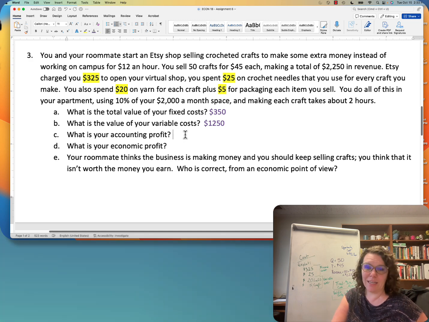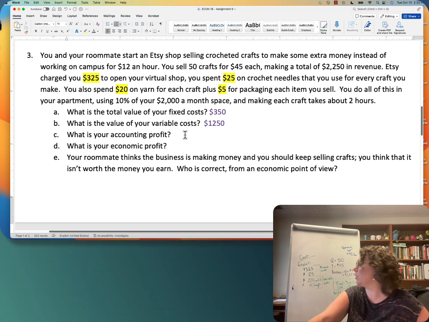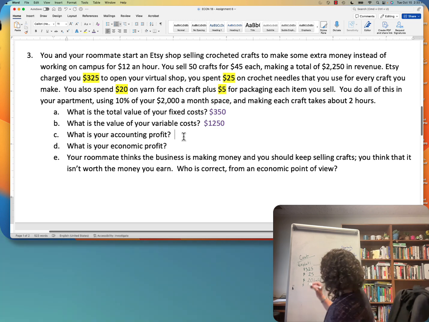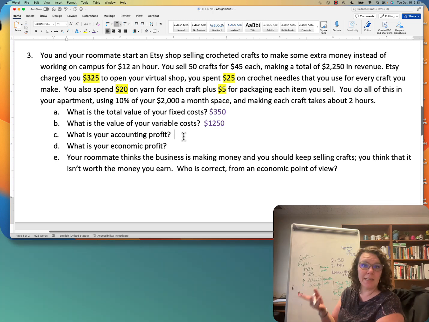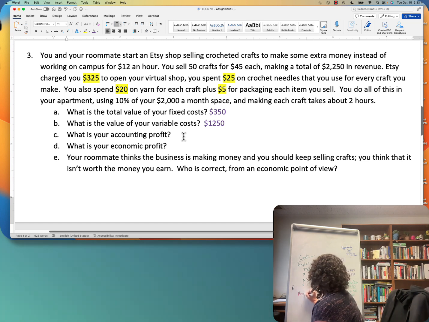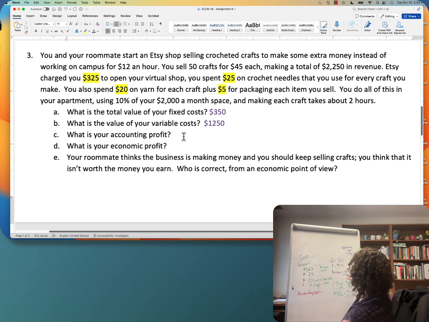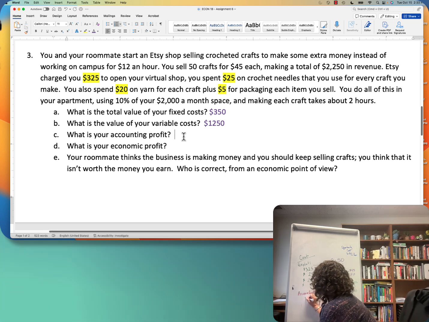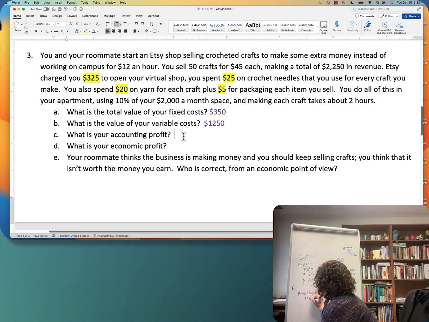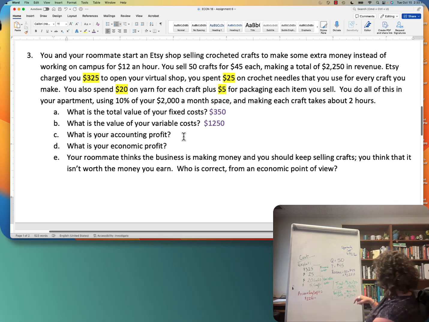Now we want to calculate our accounting profit. And we remember that accounting profit is going to be our revenue minus explicit costs. Anything we spent money on subtracted from the money we made. So we have our total revenue up here, $2,250, minus $1,250 and $350.